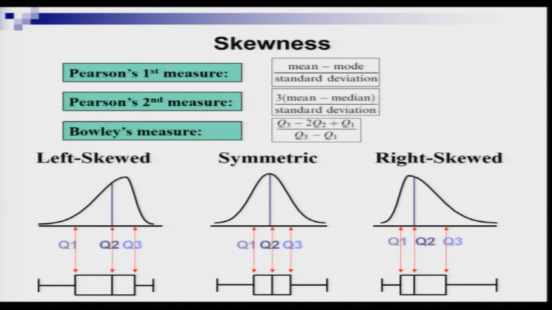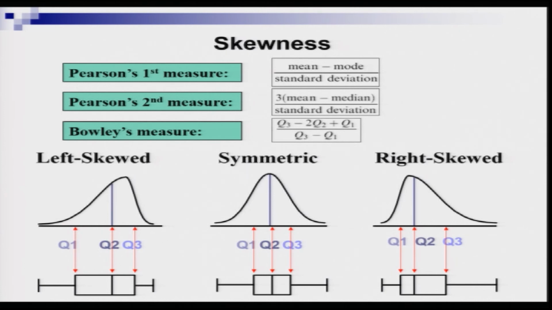Again we see Professor Karl Pearson, the father figure in the field of mathematical statistics, has offered two measures. His first measure is given by the difference between mean and mode divided by the standard deviation of the data. He also has offered a second measure, which is 3 times the difference between mean and median divided by the standard deviation of the data.